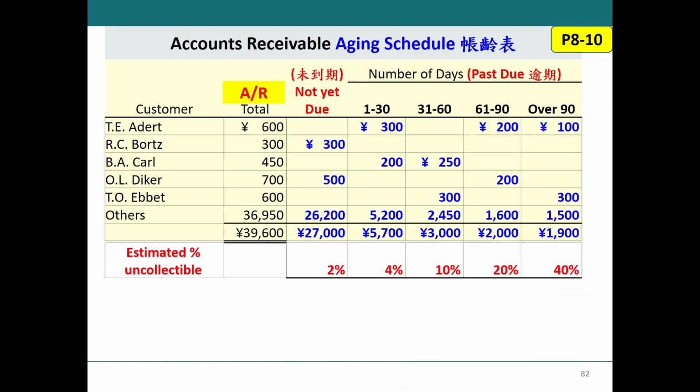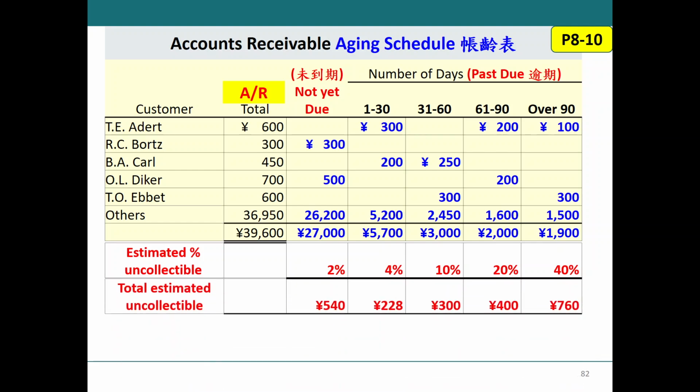We give each a different percentage, right? So what do different percentages mean? The percentage is our estimate of what we expect we may not get back. So the different percentages are our risk for different ages. After we consider the risk for each age, we calculate the amount, right?